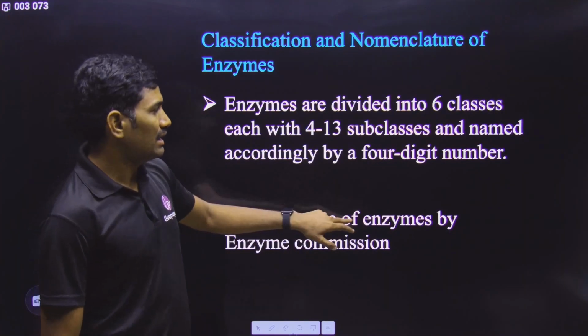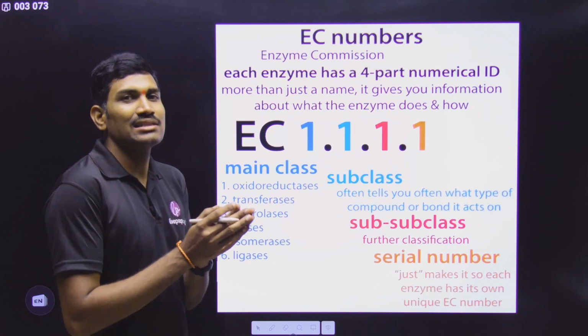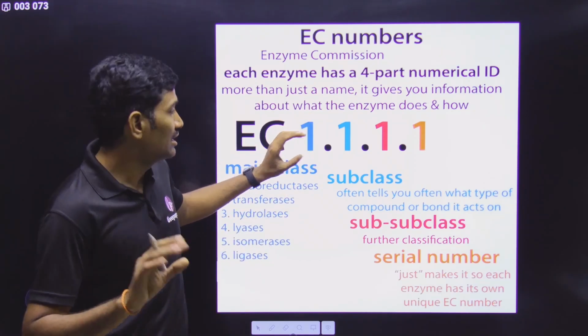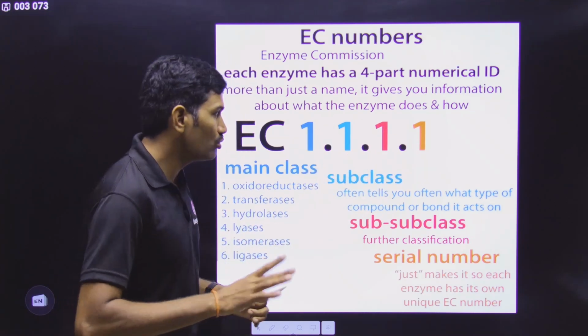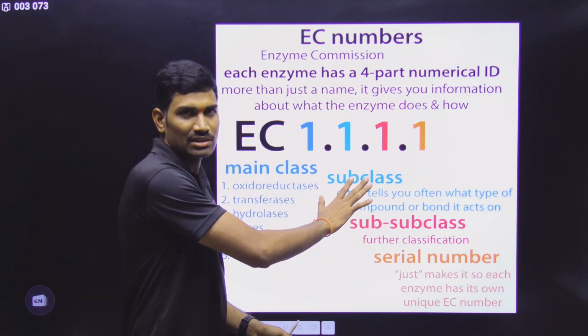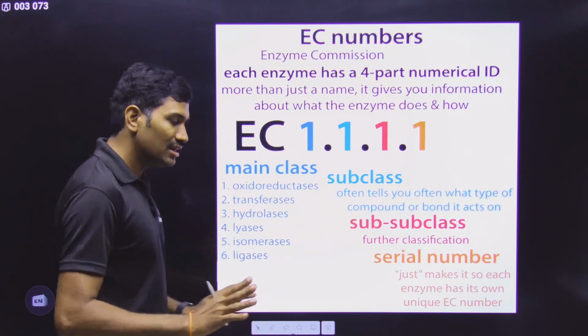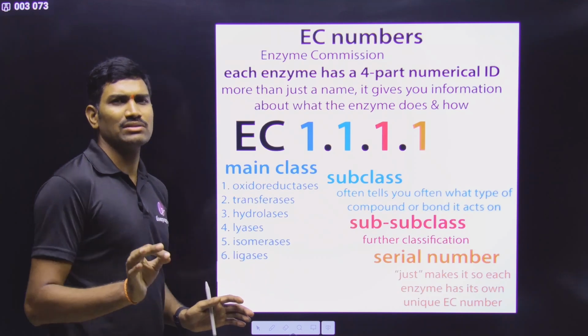In our NEET UG syllabus, we are studying only the classes. We are not talking about the subclasses and serial number, but you should know that 4 digits are present. We are focusing only on the first one, that is the class. In that class also, we simply write the names and what happens, in a single sentence.